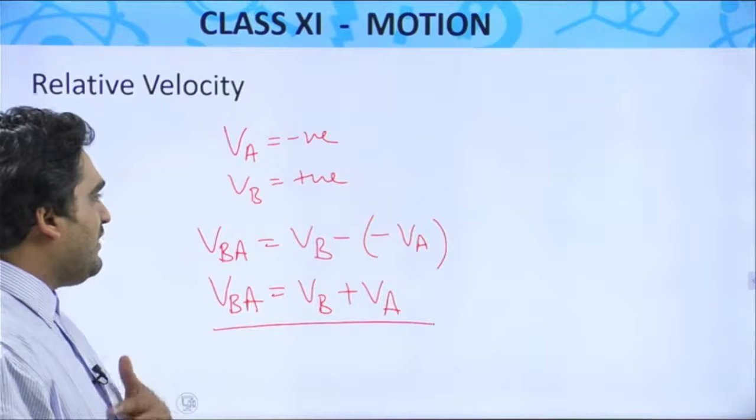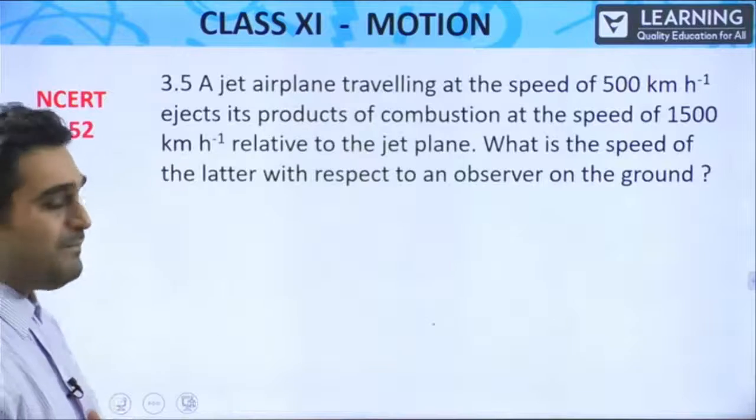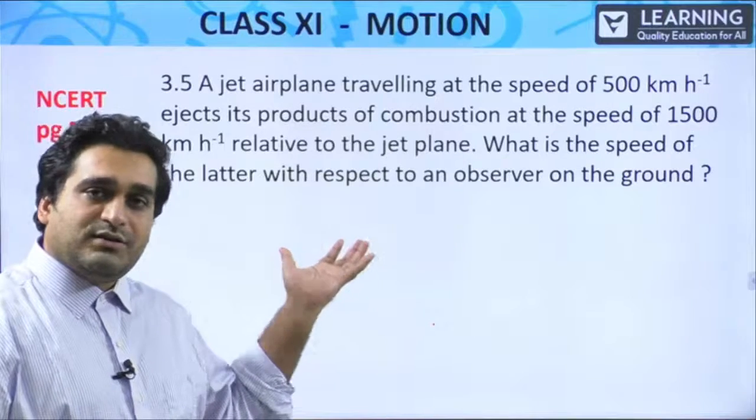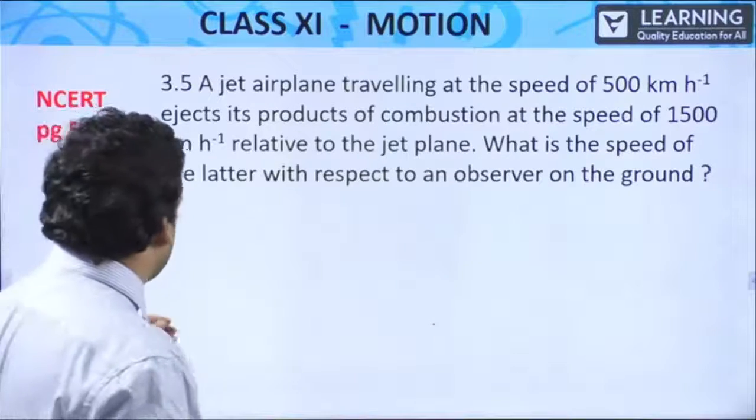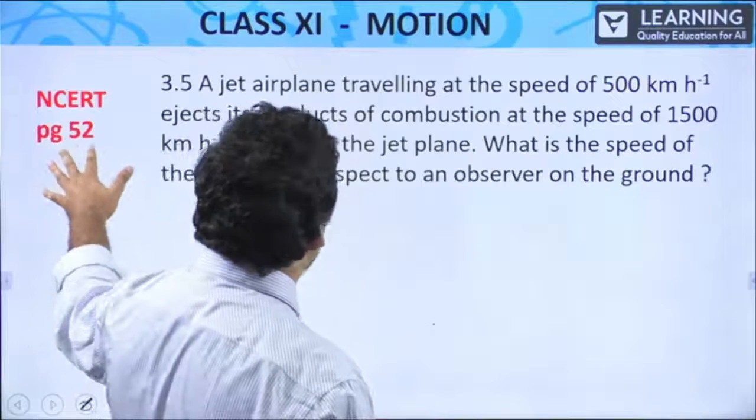So what better way to understand this concept than by an example, which is given here. So let us try to determine the solution to this. This is actually your NCERT question from page number 52.